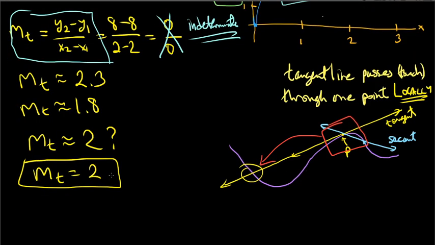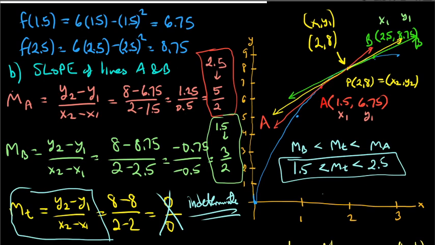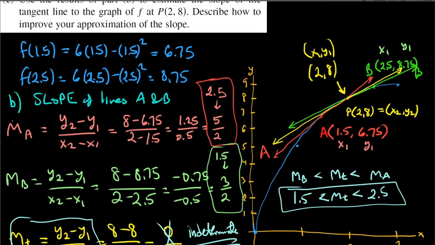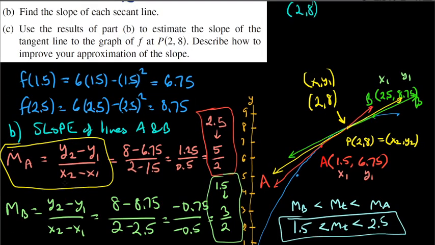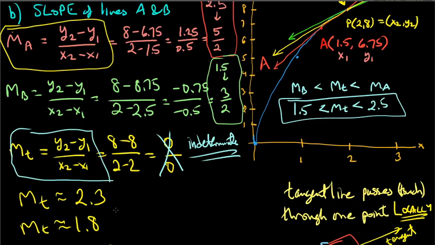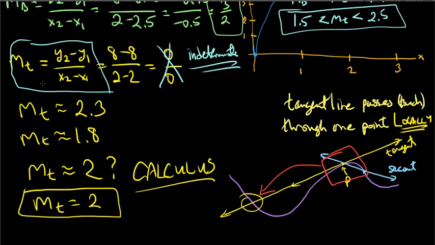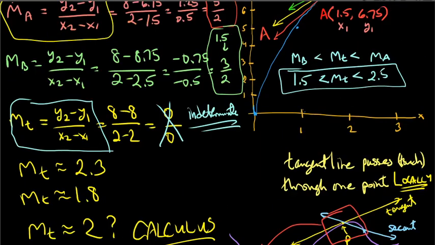So why is it exactly 2? That's a calculus problem. You know how to find the slope of a secant line because you're given two points, so you just use the usual formula for slope, which you've been doing for years now. But to find the tangent line, that same formula doesn't quite work.